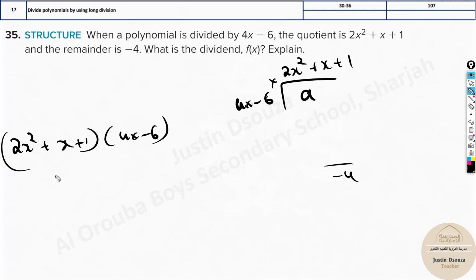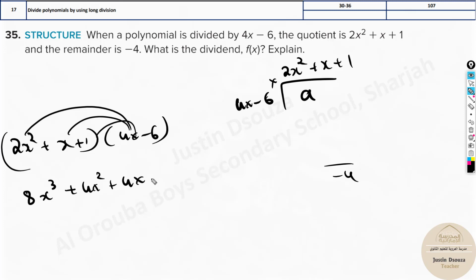When you multiply this, distributive property, let's take this from here. It'll be 4 into 2, 8x cubed plus 4x squared plus 4x minus 6 times 2 is 12x squared minus 6x minus 6. Now simplify this, 8x cubed, 8x cubed, then what is over here?